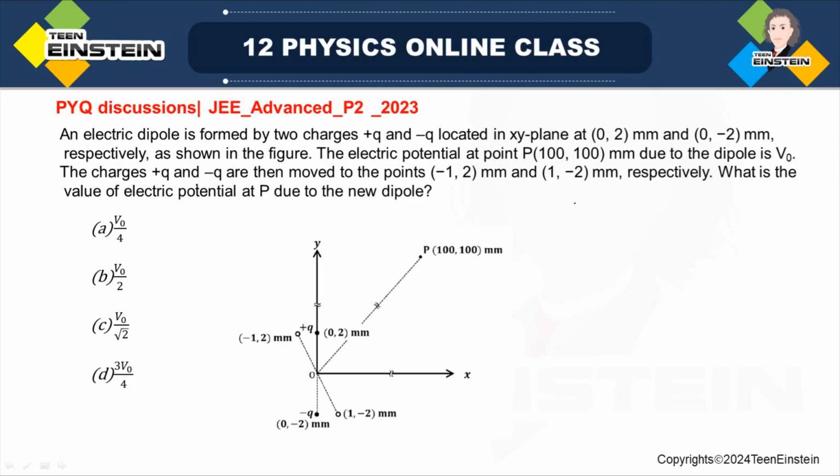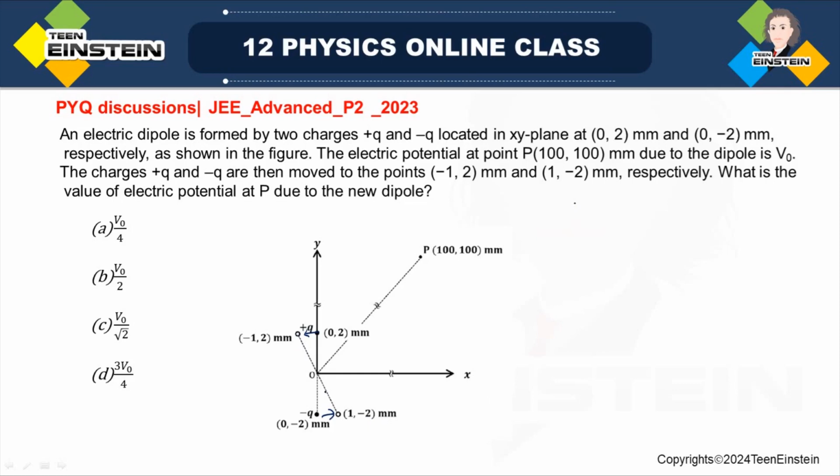The charges positive Q and negative Q are then moved to the points -1, 2 mm and 1, -2 mm respectively. So the positive charge is moved to this point. You look, this is -1, 2 mm, and the coordinate of the negative Q is now shifted to 1, -2 mm.